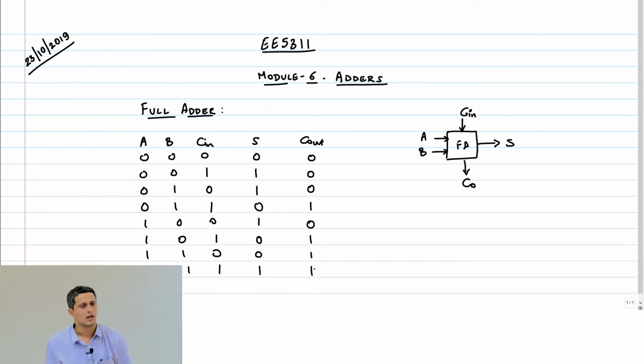Okay. There are certain other intermediate signals that are also very useful, and we will look at them. So let us look at what happens to the carry in in certain cases. Let us say that my carry in is 0 or 1, but my inputs are 0, 0.